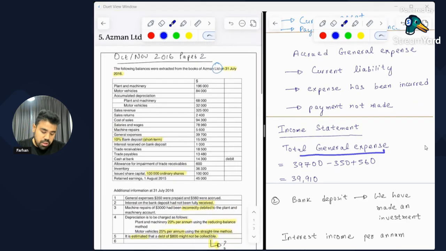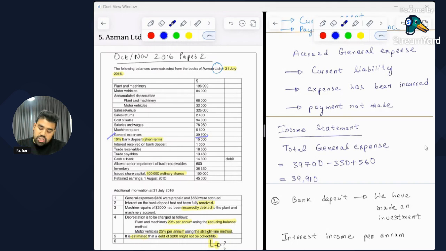So in the table, you will see that we're given general expenses of 39,700. All right. So this 39,700 is also including the prepayment that we have made on general expenses, but excluding the amount that we owe for general expenses.